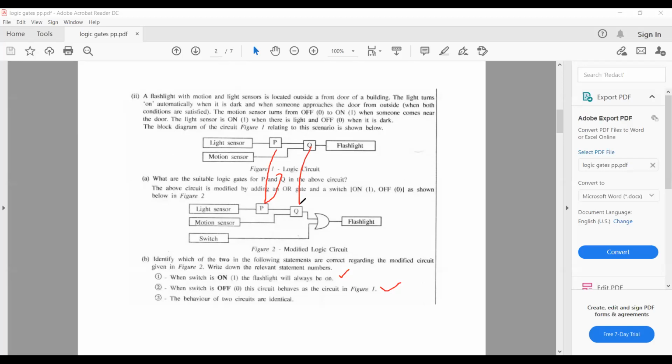But in this case, the alarm will be triggered when it is dark. So that's why we used a NOT gate here, to convert the value to 0 when it is dark. To give the signal that it is dark, you have to insert 0 to the AND gate. That's why we are using a NOT gate.